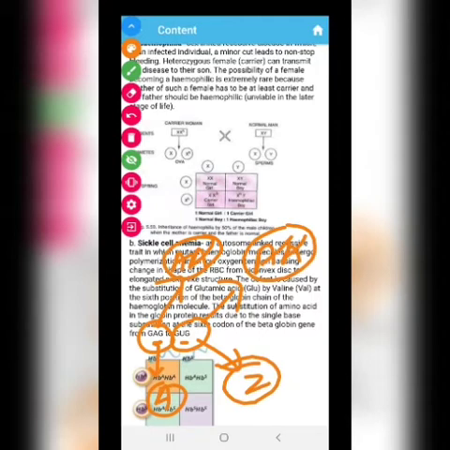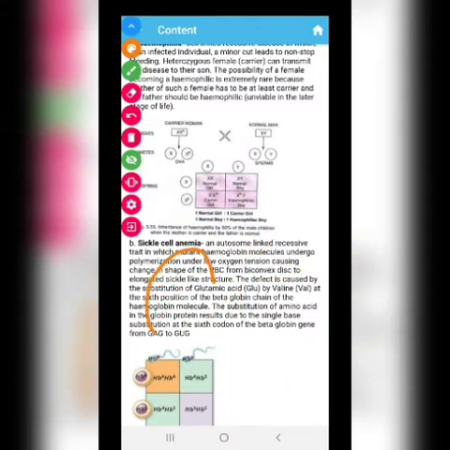So this is sickle cell anemia. This is a kind of autosome linked recessive trait in which glutamic acid is replaced by valine. Why? Because glutamic acid is made by GAG, and GAG is changed by replacing A with U, and it becomes GUG, and GUG makes valine.